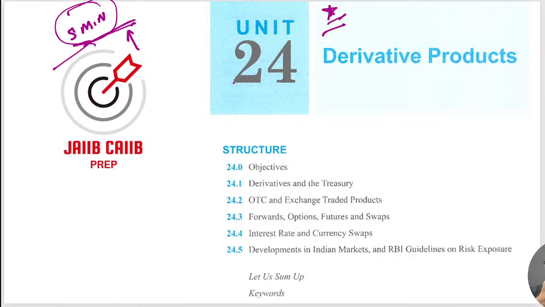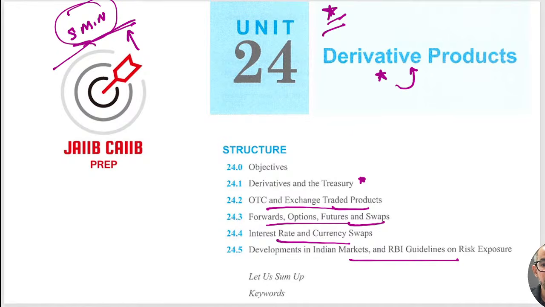Okay, guys, so let's start with the new topic, unit number 24, which is all about derivatives, right? Derivative and treasury was the end of unit number 23. OTC versus exchange traded derivative, forwards, futures, options and swaps, types of derivative, IRS and currency swap, and development of the derivative market itself, right?